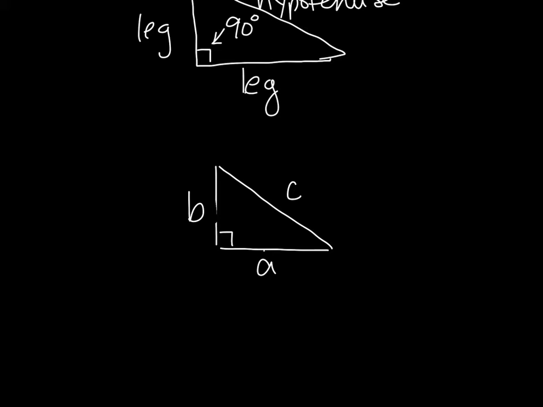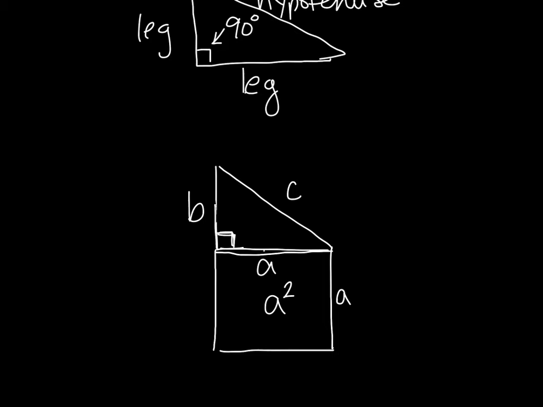The reason it's called the Pythagorean theorem is because there's this guy named Pythagoras that discovered this. What he discovered is that if you have a right triangle and you take side A and make a square out of it, then the area would be A squared.